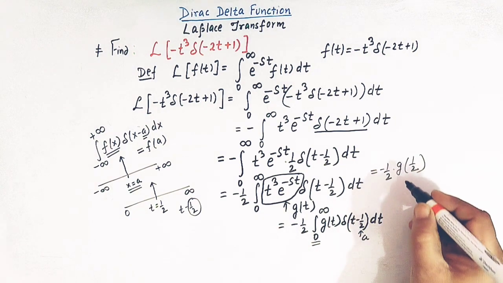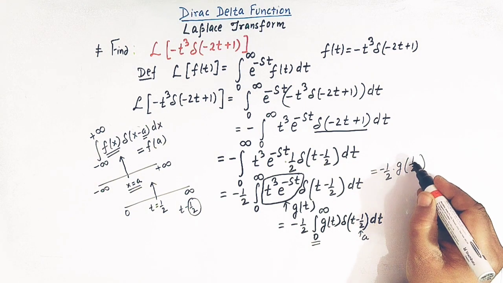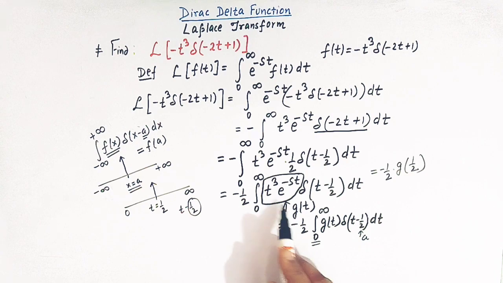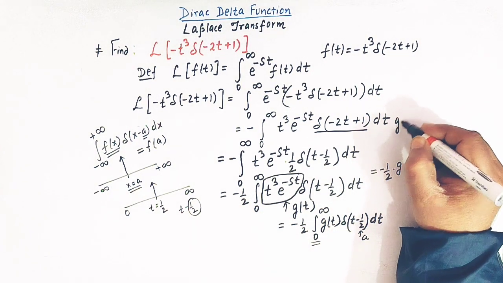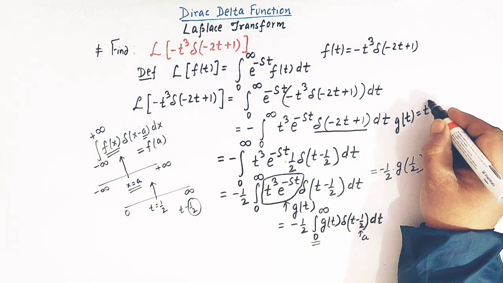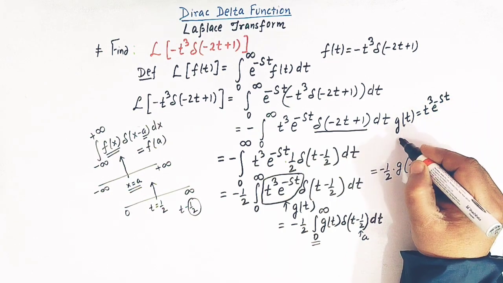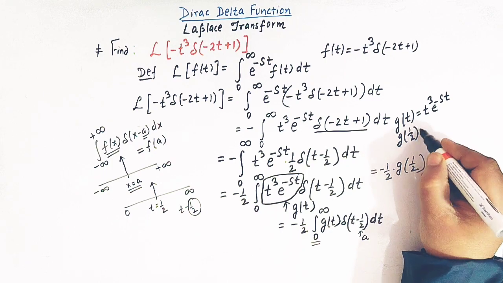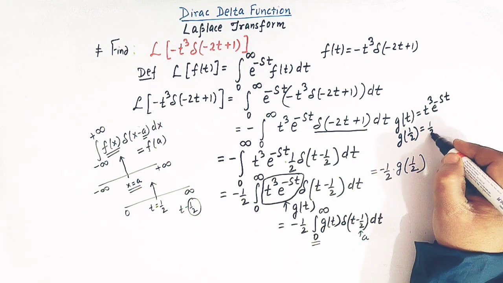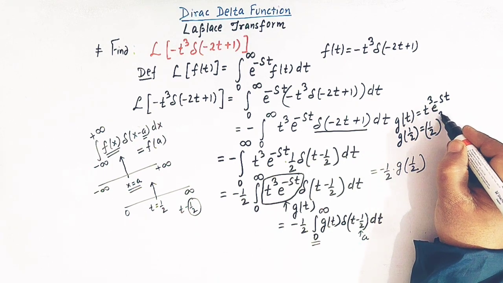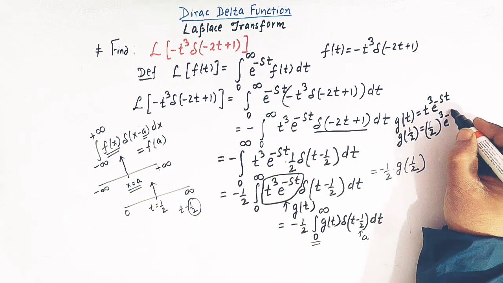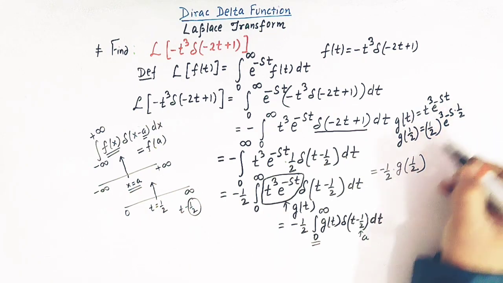So now we have to simply calculate the value of g of half. Now see, g of t is the function t cube e raised to minus s times t. So g of half is now equal to 1 over 2 raised to 3 and e raised to minus s times half, right?